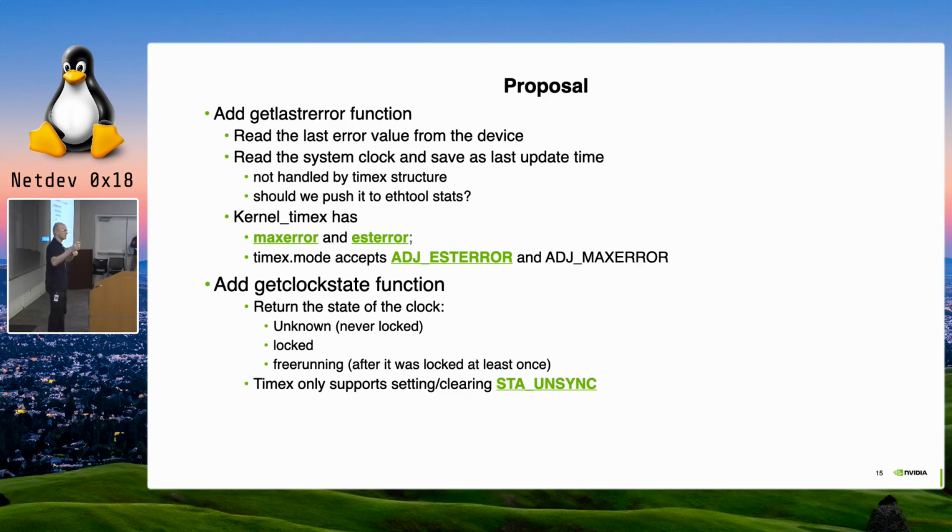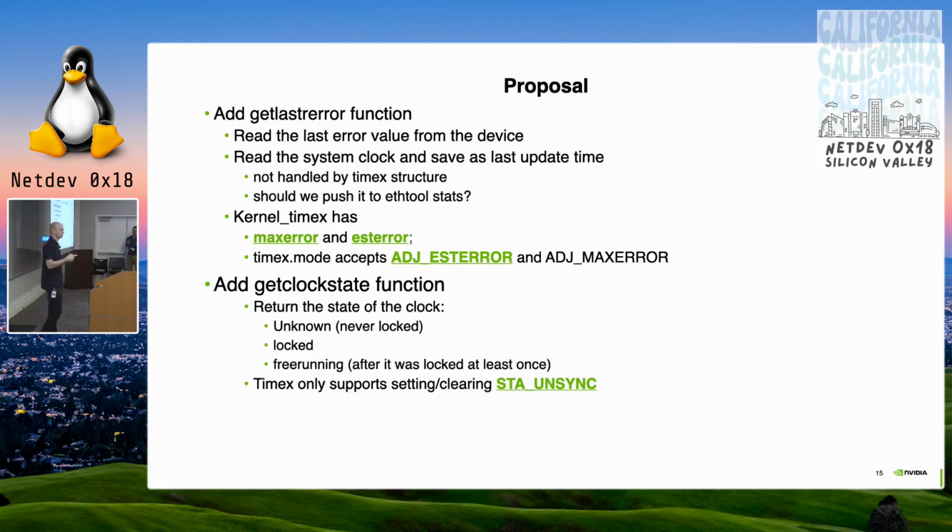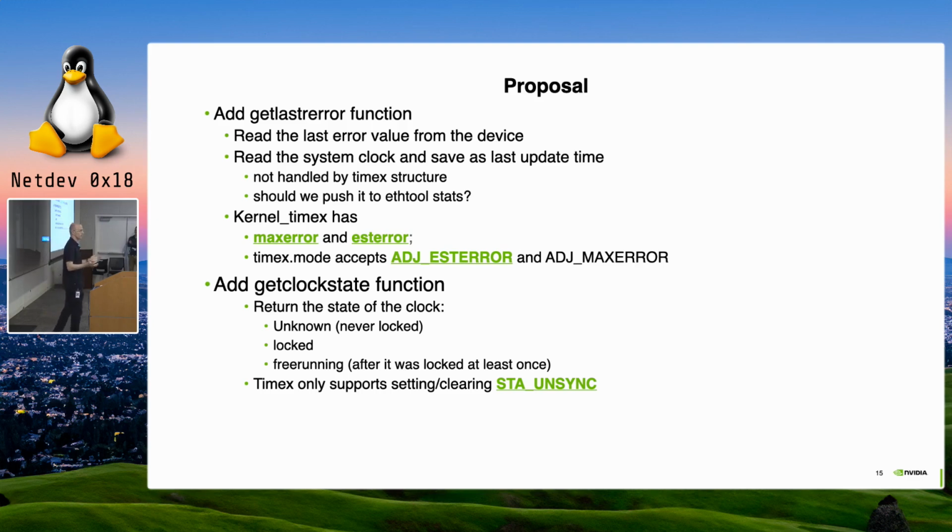Because in the end, if you want to get time, you should never rely on your device. That's what I was talking about yesterday. Because every get time from your NIC that sits on the PCI bus is always delayed by the PCIe transaction. So the timestamp of it is always delayed by a microsecond or something like that. That's why you should synchronize your system clock.